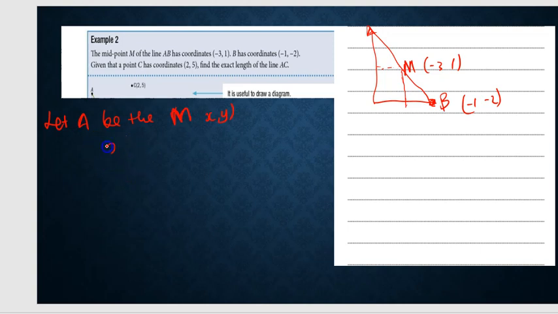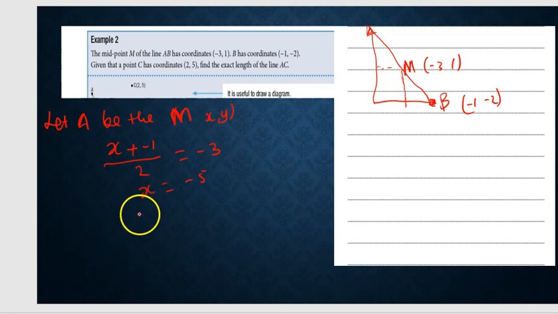Then X plus negative 1, divide this by 2 will be equal to negative 3, such that we are able to find X. So X is going to be negative 5, right? You simply have to multiply that.